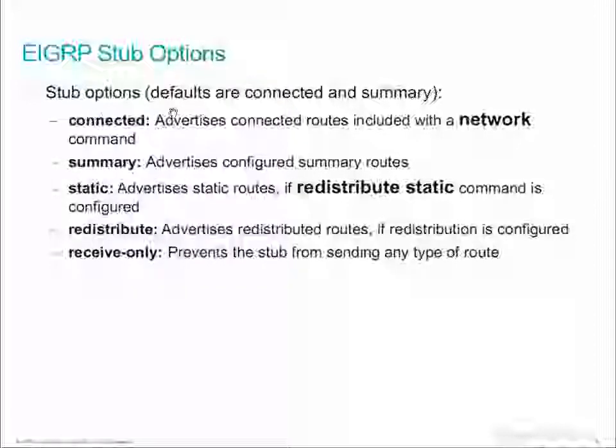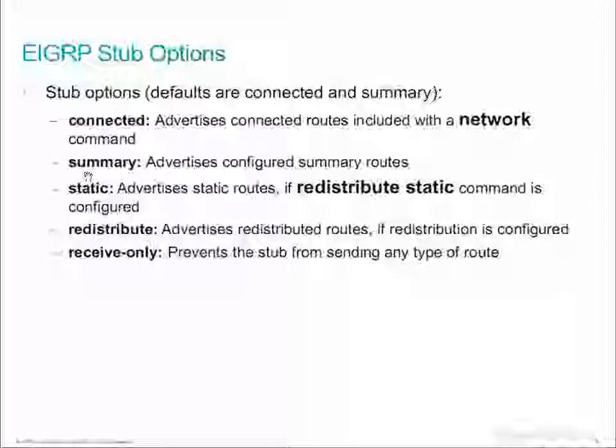If I say EIGRP stub connected, then the stub router is going to only advertise connected routes that are part of the EIGRP process. If I say EIGRP stub summary, then the router is going to only advertise summary routes that are part of the EIGRP process. If I say EIGRP stub static, then I'm going to only advertise static routes that are redistributed into EIGRP.